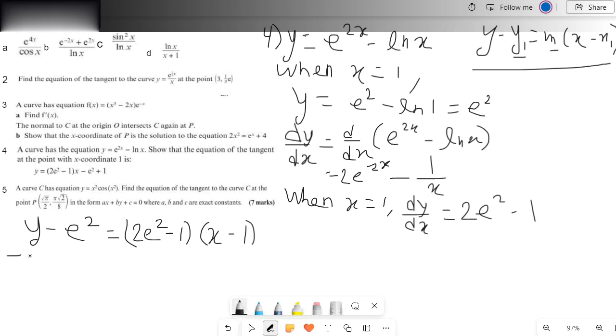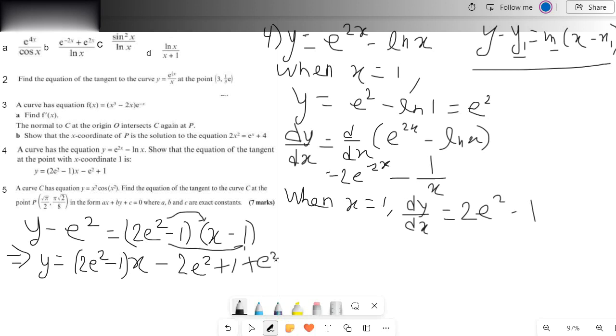So rearranging, we have y is equal to 2e squared minus 1 multiplied with x minus 2e squared plus 1, multiplying 2e squared minus 1 with x, as well as 2e squared minus 1 with minus 1, and then adding both sides with e squared, we have plus e squared.